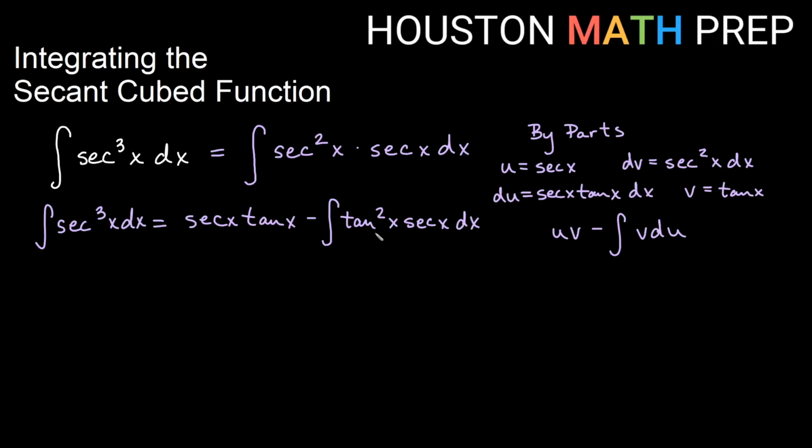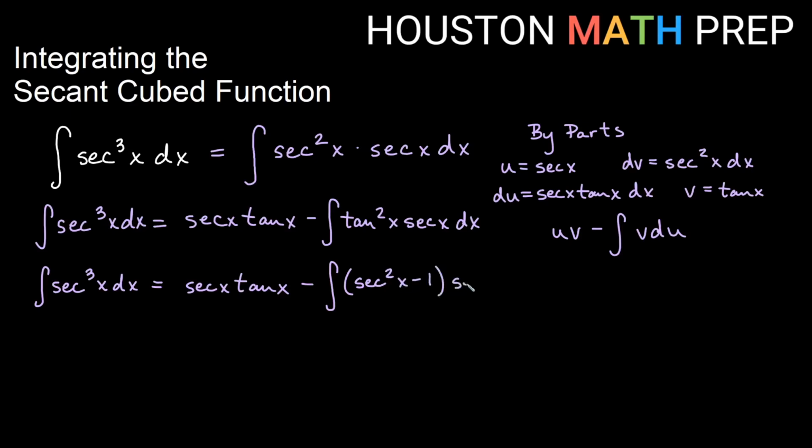So if we change this tangent squared x using a Pythagorean identity, let's keep what we've already figured out, which is the secant x tan x part. We're going to make this integral of the Pythagorean identity for tangent squared x, which is secant squared x minus 1.